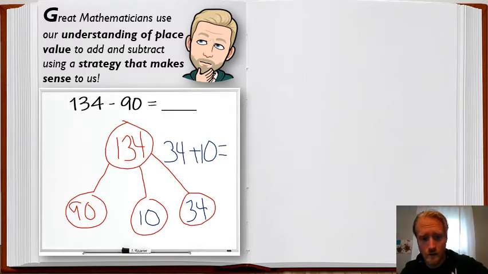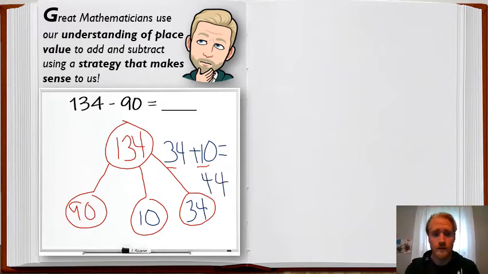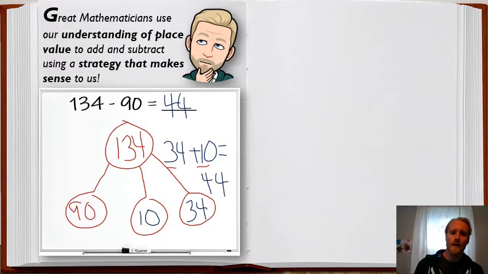You got it. And it's going back to looking at the place value. So 3 tens and 1 ten, that's going to make 4 tens and then 4 ones. So there we have it. Because we used our number bond, we could break it up, and we can see that 134 minus 90 is just 44.